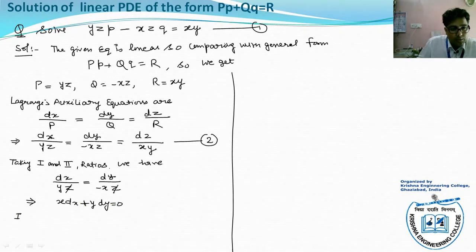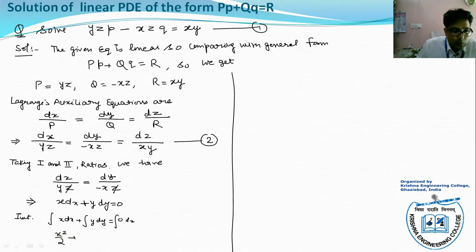Integrate both sides. Integrate x dx plus y dy is equal to 0. This is x square by 2 plus y square by 2 is equal to constant, suppose c1.